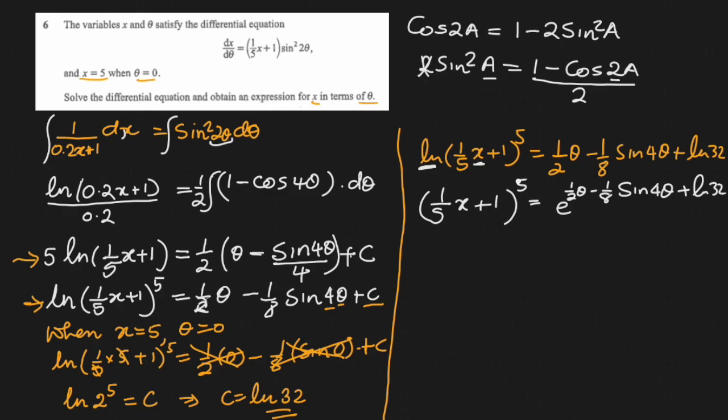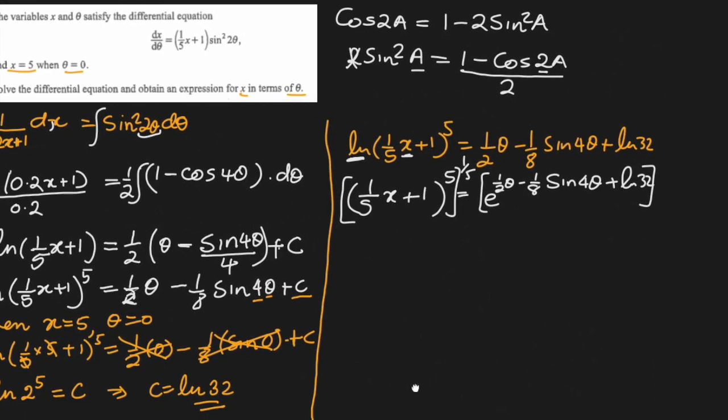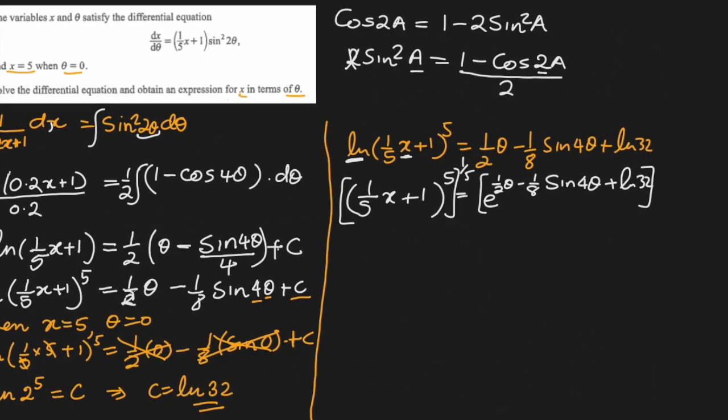Now, since this 5 will be creating trouble to isolate this x, so we will do what? We will give whole of the both sides a power of 1/5. That is allowed. We can do that. So, let me make some space here. 1 over 5, this side also. So, this 5 and 1/5 cancel.